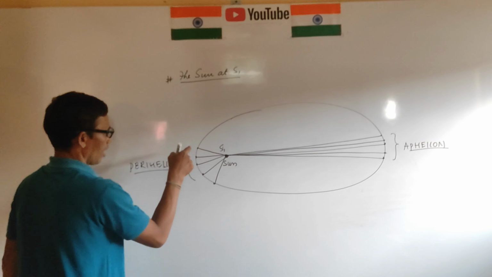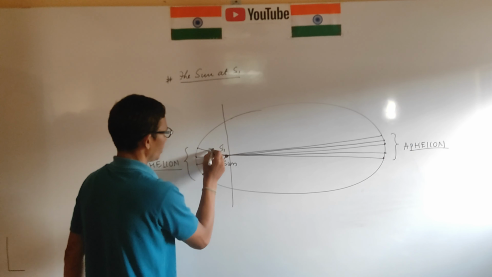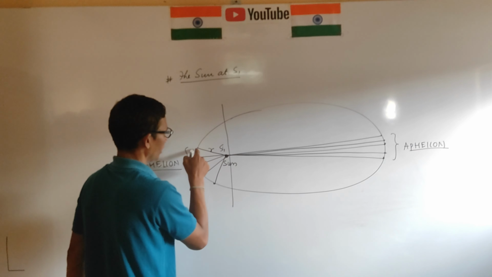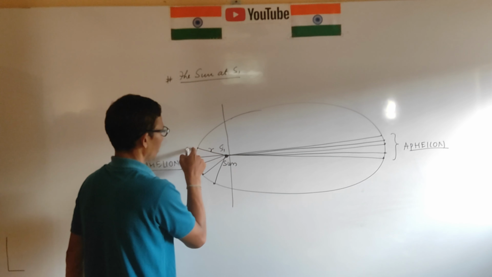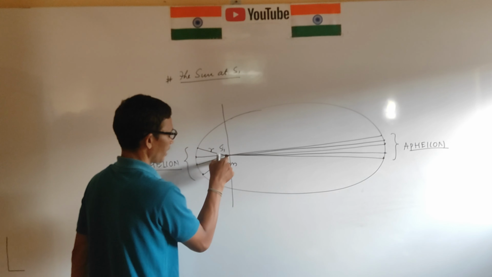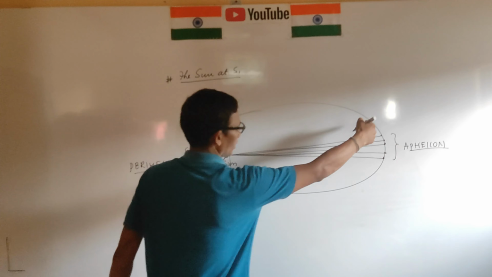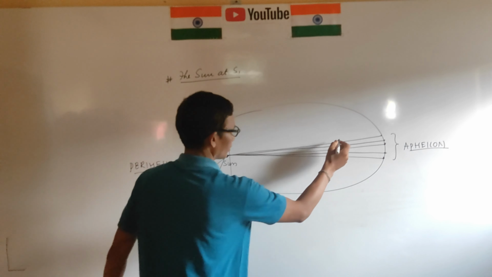And here the centripetal force is like this. Suppose that this is the r, the distance between the circumference and the center. If the sun is here, then this region is called the perihelion region, and this region is called the aphelion region.